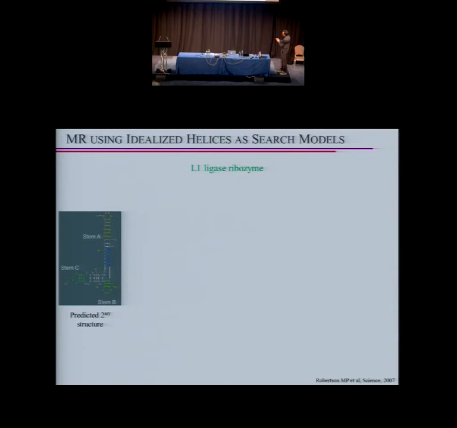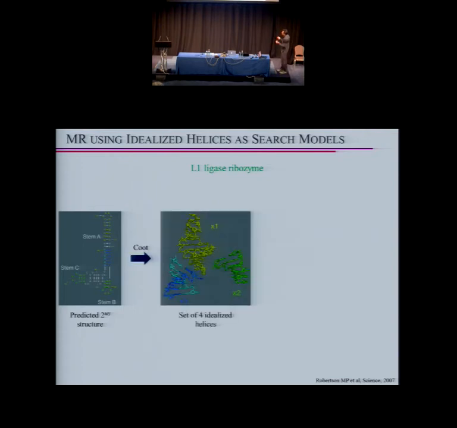What the authors did in that work was define that the particular target was composed of 4 different helical stems. They predicted this secondary structure, and then simply designed helical fragments in COOT with idealized geometry.